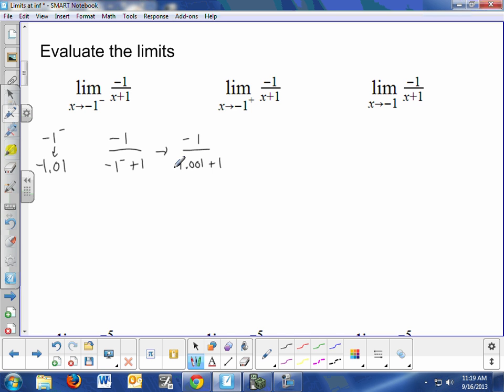If I add these two numbers together, first I'll have the -1 up top. But if I add these two numbers together, what is my result? Yes, -0.001. So that is a number approaching 0 from the left, a number that is just a little bit negative.